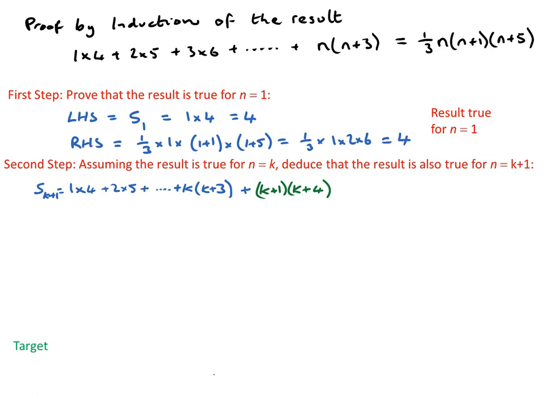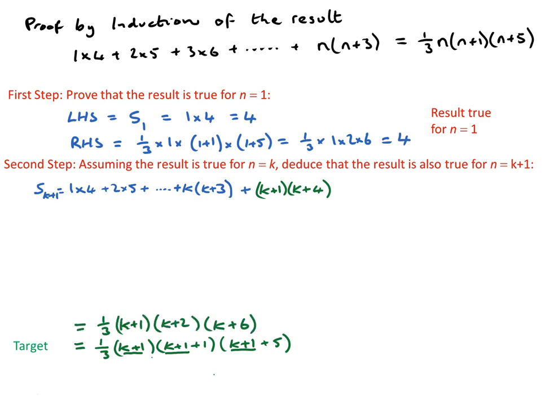So our target expression is 1/3 (k plus 1)(k plus 1 plus 1)(k plus 1 plus 5), which simplifies to 1/3 (k plus 1)(k plus 2)(k plus 6). We now have to fill the gap between what we know S(k+1) is and what our target for it is.